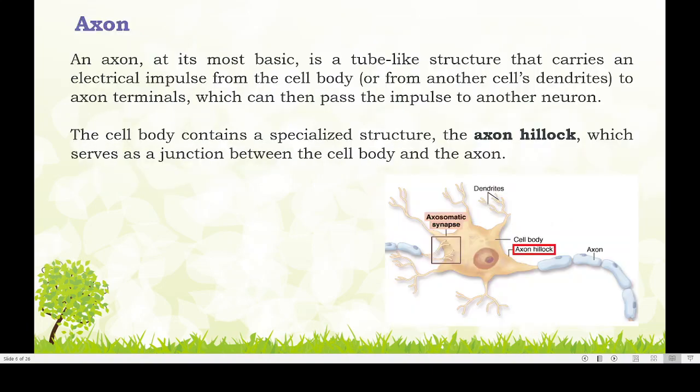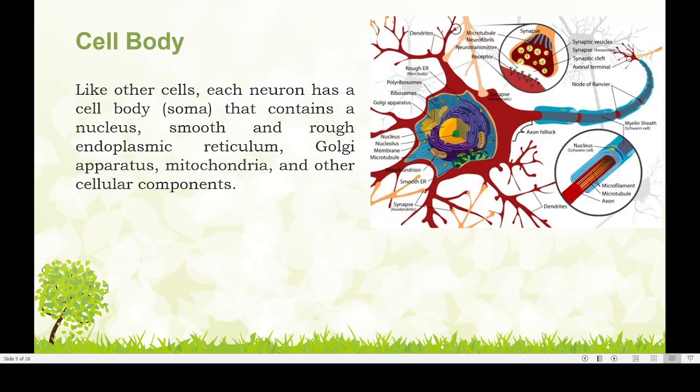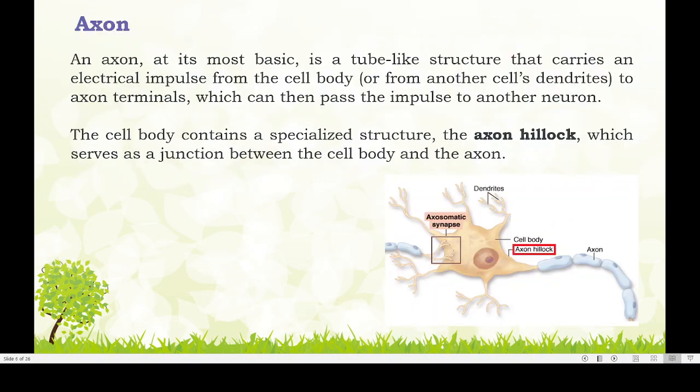Then we have the axon. So the axon is the long, this is the axon. Now taking the axon, it is a long tube-like structure that carries electrical impulses from the cell body to other neurons.